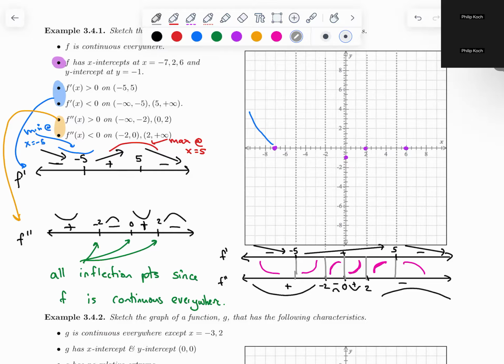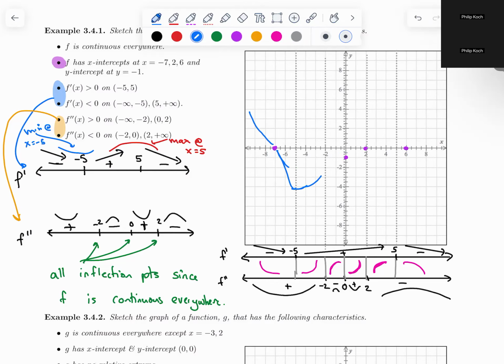So we have a minimum at -5. And you might be tempted, based on the way my curve is going, to say, oh, I only have to go down here. But given the fact that that's there, I probably need to go further down. So I'm going to go down a little bit, and then I need to start increasing.